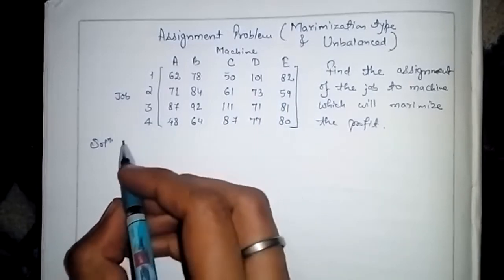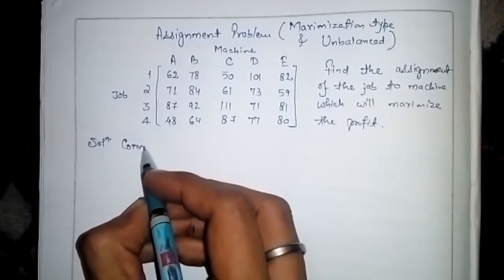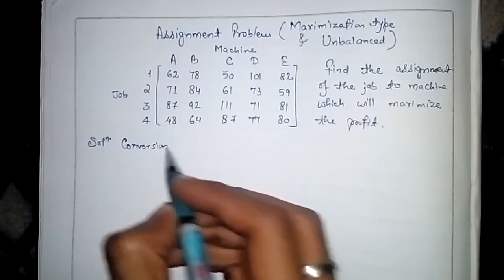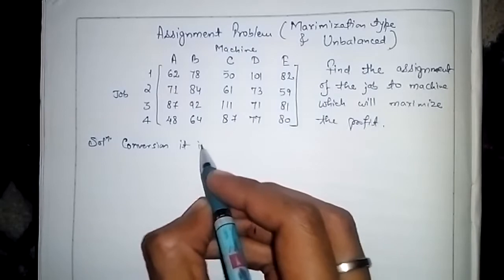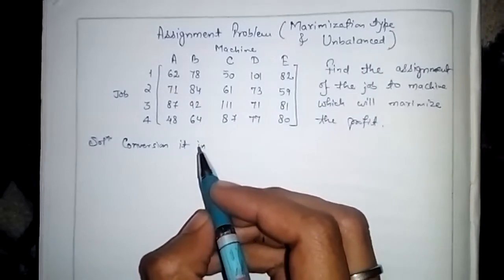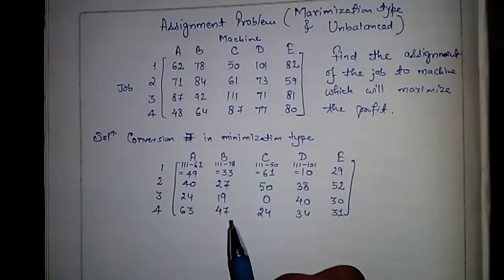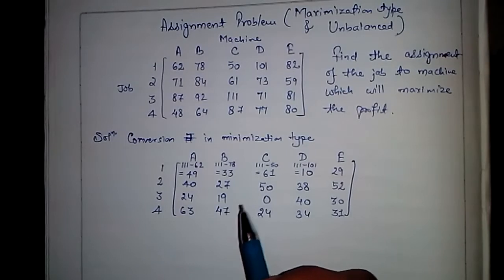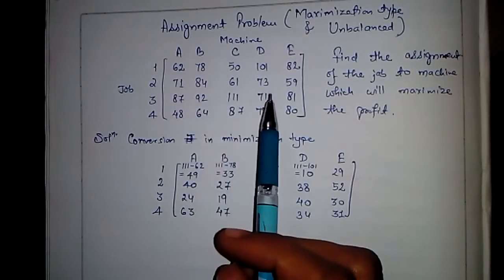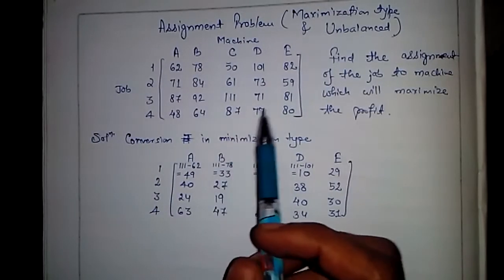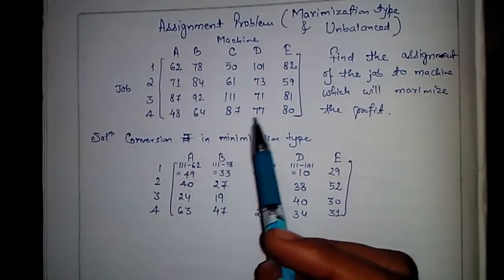So first of all we need to convert this problem into a minimization type problem. To convert it, we have subtracted all the entries of this cost matrix from the largest element of the cost matrix.